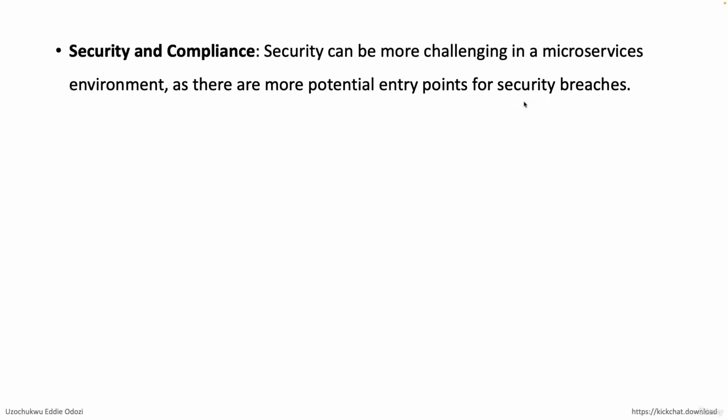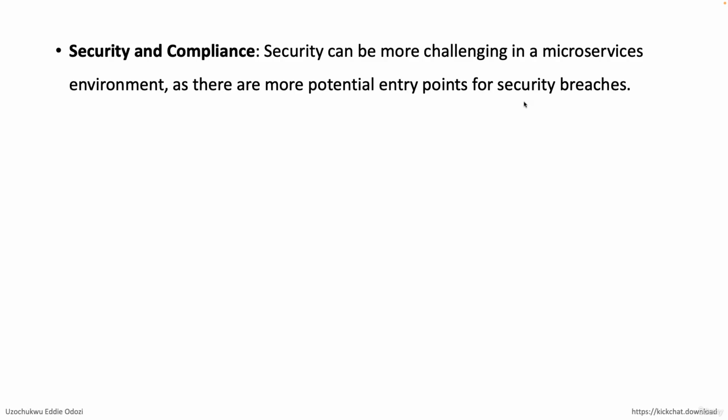Then we have security and compliance. Security can be more challenging in a microservices environment as there are more potential entry points for security breaches. So you have to take into consideration security and compliance. For the application we are going to build, we are not going to allow requests or communications into our services from the outside world.